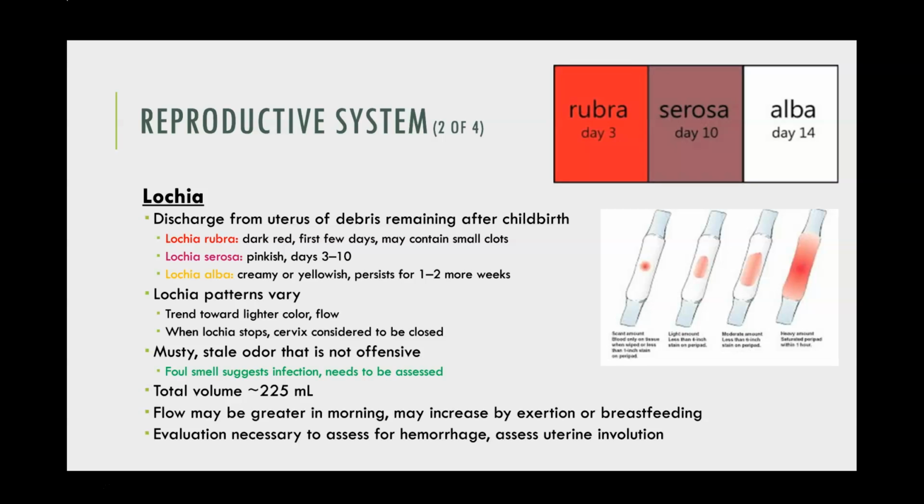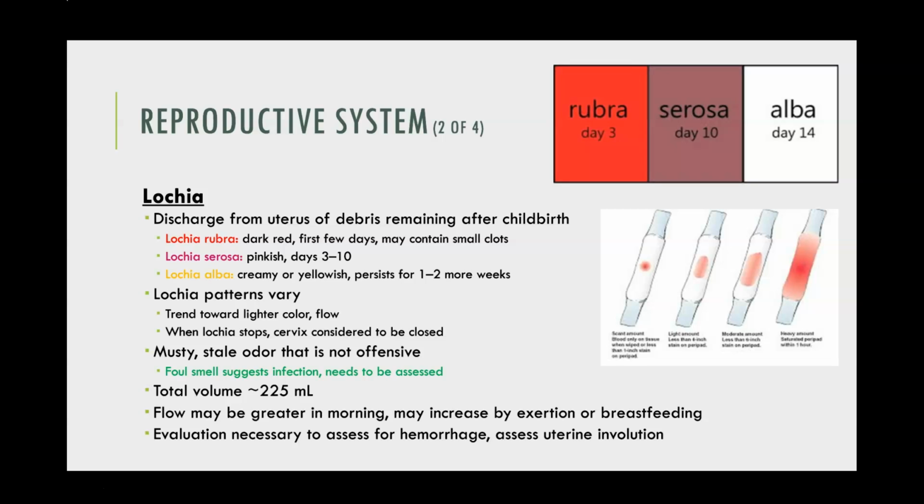Lochia serosa is more of a pinkish color, and we see that anywhere from days 3 to 10. Lochia alba is more of a creamy or yellowish tinted discharge, and that usually continues to occur for about 1 to 2 weeks after that 3 to 10 days of serosa.